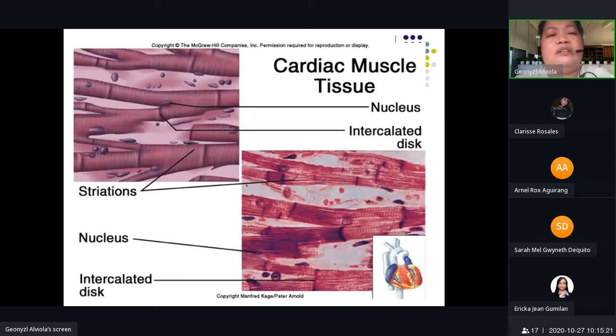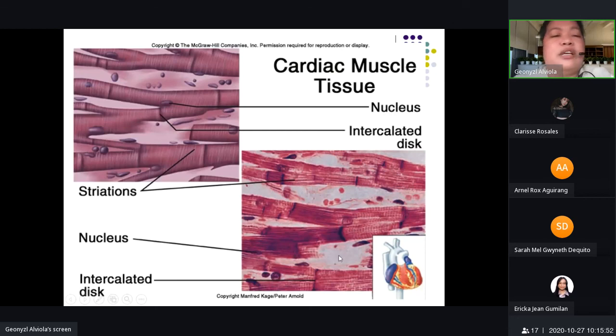Okay, next we have the cardiac muscle. Based on the diagram, the cells are branching in shape, cylindrical but branching, or sometimes it is called syncytial. They have one nucleus per cell because even though it is branching, it has only one nucleus.